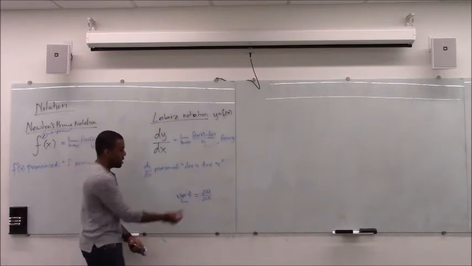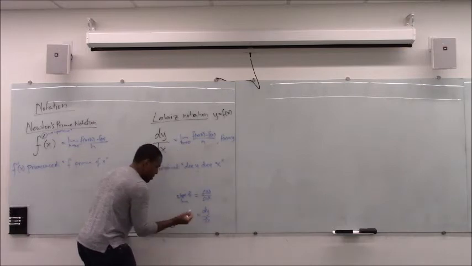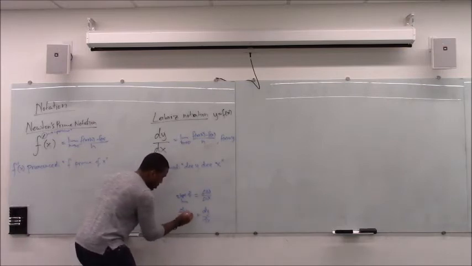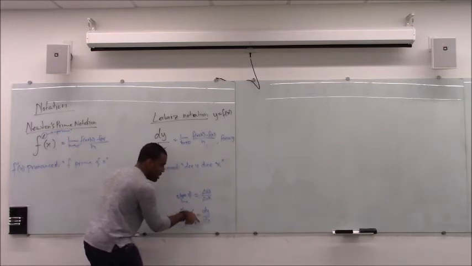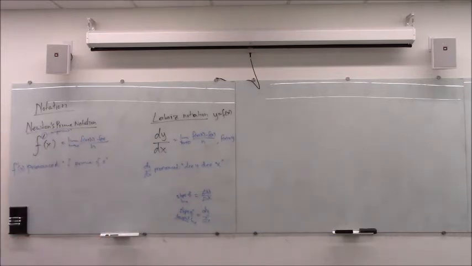Leibniz decided, instead of the delta, let's use d's and give that a different connotation. So when I'm talking about the slope of a tangent line specifically, I'm going to use a d instead of a delta. That's how he decided to write it down. So that's the Leibniz notation, dy dx. Newton just decided to put a notch on his function's name, and that means the derivative, or the slope.